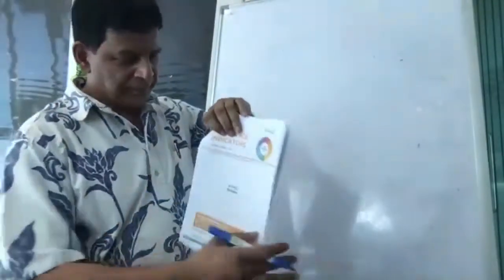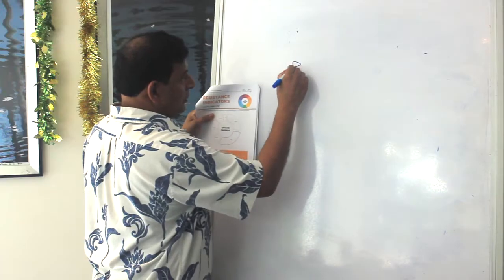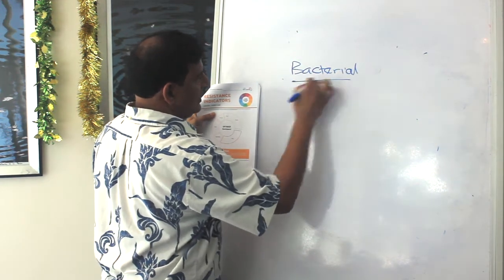Resistance page. The number two cause will be bacterial overgrowth. Bacteria.